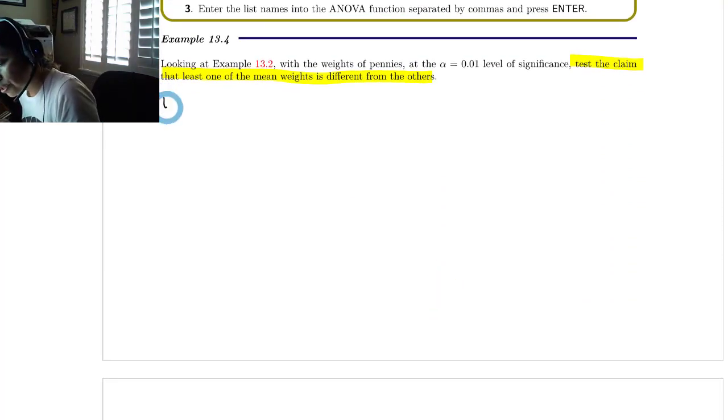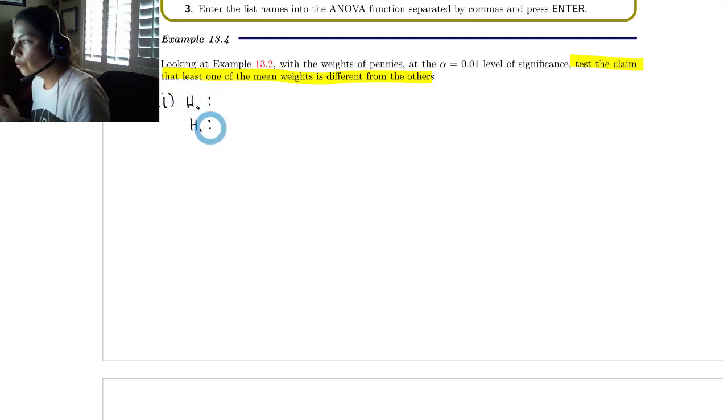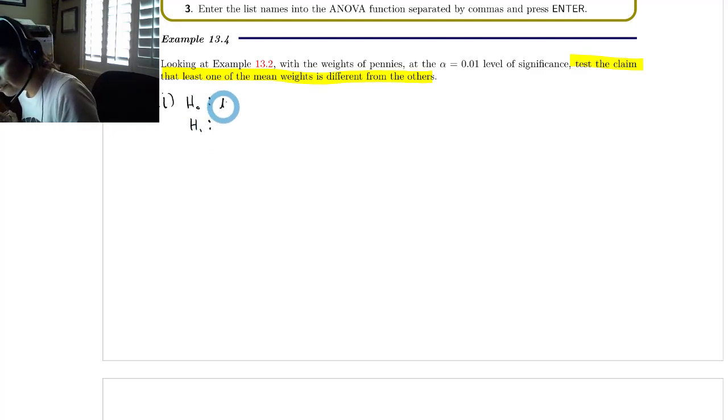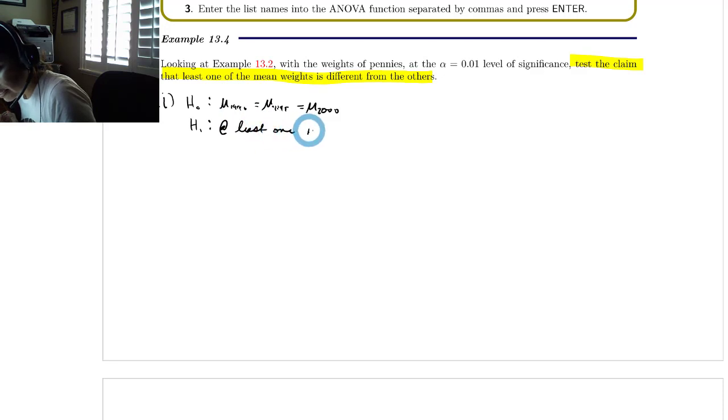So the first thing we'll want to do in step 1 is go ahead and set up the null and alternative. So the null is we have 3 means from 3 different years, so meaning none of the weights are different from any of the years. So the mean from 1990 to 1995 to year 2000, the weights are all the same. The alternative would be at least one mean is different.